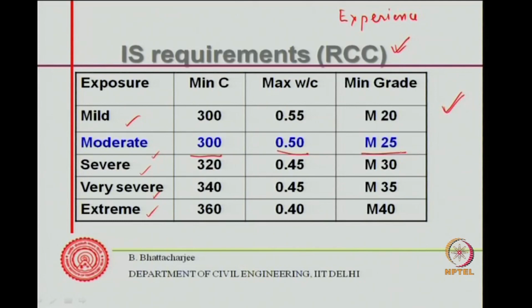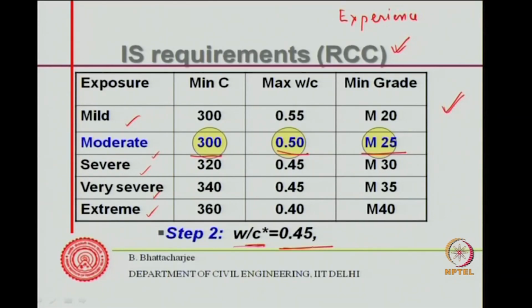So, we are doing design for M25, therefore, these are the relevant ones, and this is the maximum water cement ratio permissible and this is the minimum cement content permissible. However, from experience I take the water cement ratio as 0.45 deliberately, just as an example.